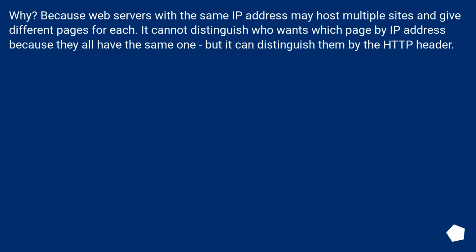Why? Because web servers with the same IP address may host multiple sites and give different pages for each. It cannot distinguish who wants which page by IP address because they all have the same one, but it can distinguish them by the HTTP header.